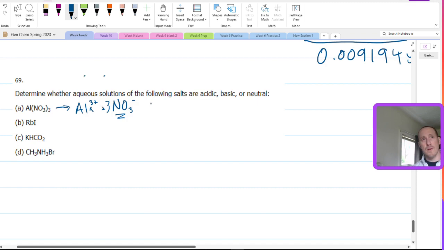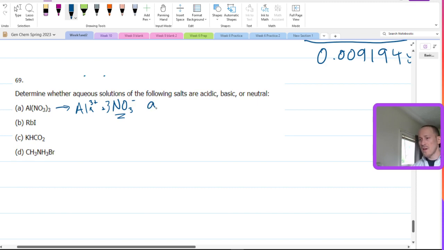In the Lewis sense, the aluminum could be an electron acceptor. If it accepted electrons, that would lead to there being protons in the solution.